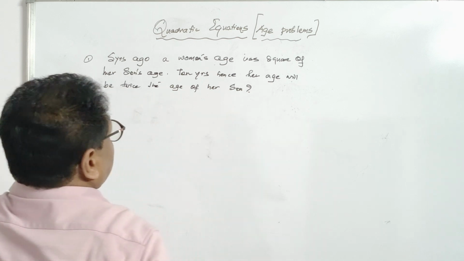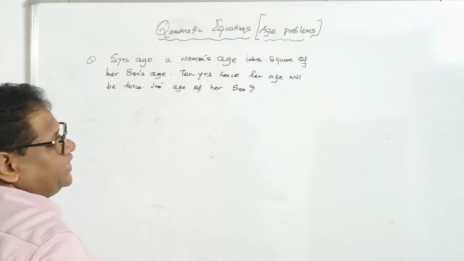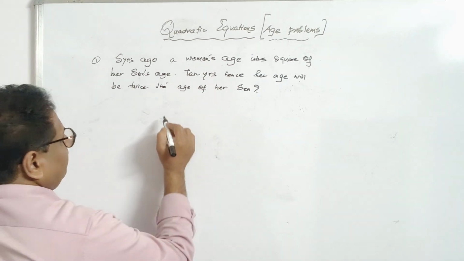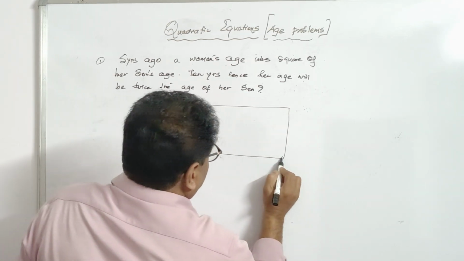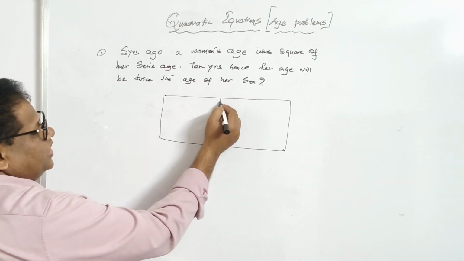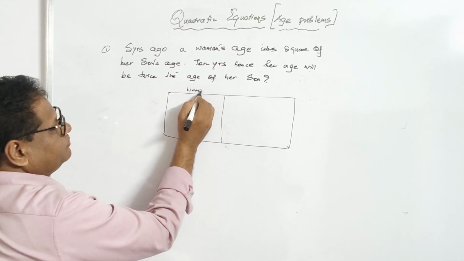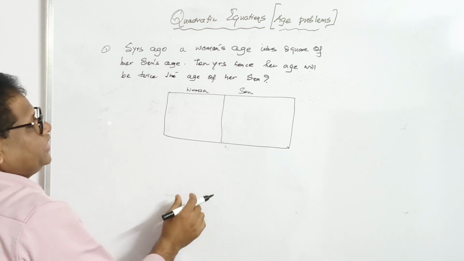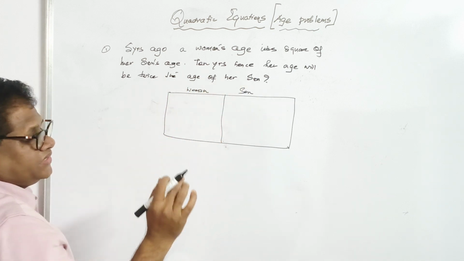So first of all, the equation has to be framed in second degree. After that, you can solve the equation. Now we have a table for representing the ages of the two persons. The two persons are the woman and the son. Similarly, it could be father and son, father and daughter, like that.